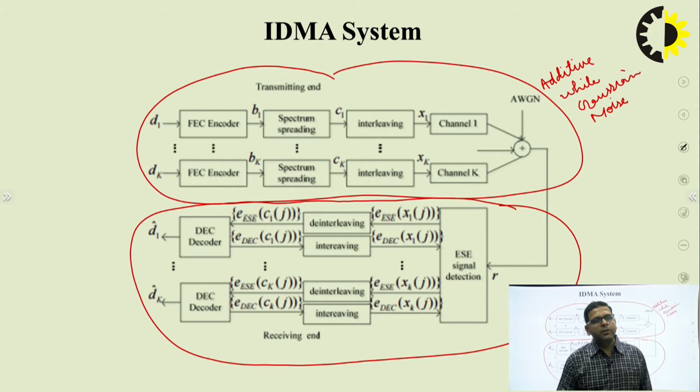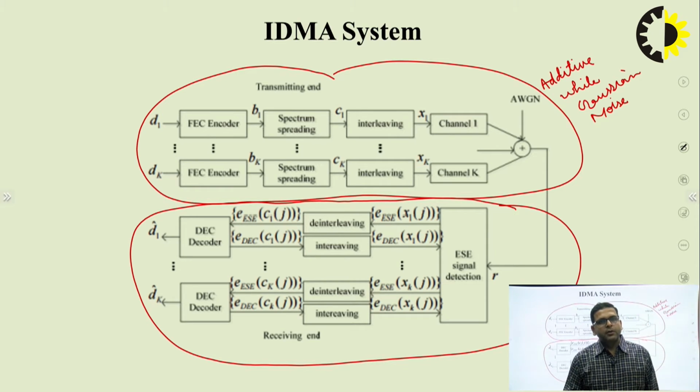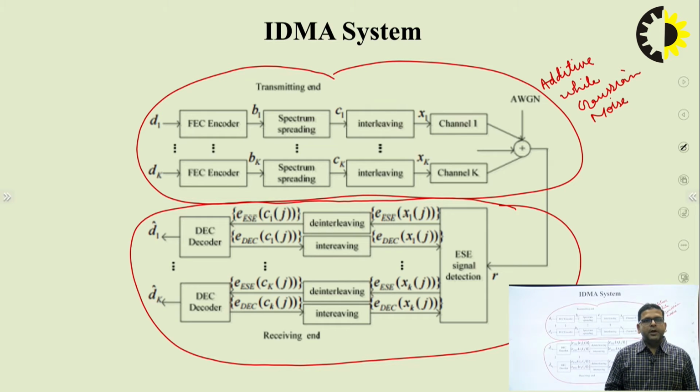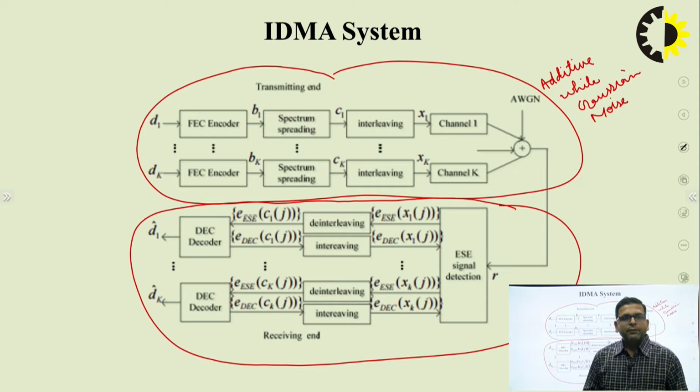After this encoding, the output is applied for spectrum spreading. Using spectrum spreading, we enhance the bandwidth of the input. After spreading the spectrum, the signals are applied to interleavers. So, the next block is interleaving.